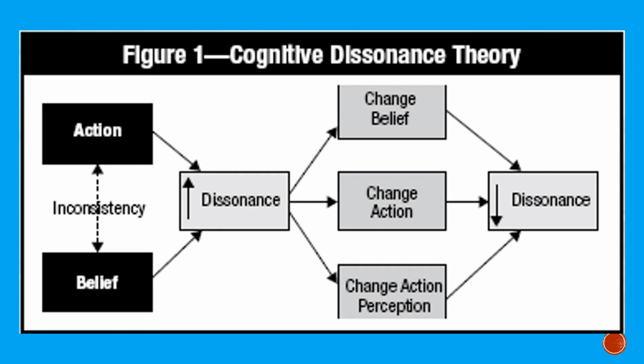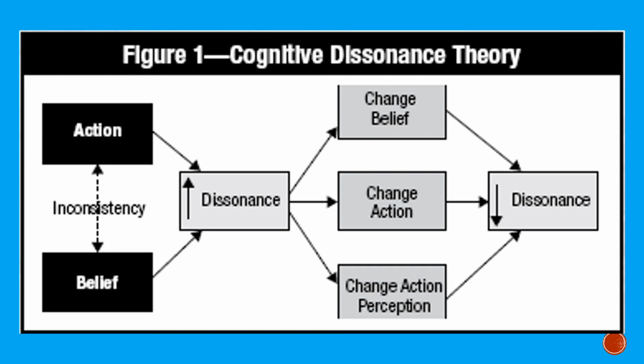So according to Festinger, human beings dislike inconsistency between their attitudes and their behavior, and they also dislike inconsistency among their different attitudes, and this inconsistency motivates them to change something to get rid of the inconsistency. So let's suppose in this example here, you've got a belief that the person has connected with a behavior, but the behavior isn't what the person should be doing based on the belief that they have.